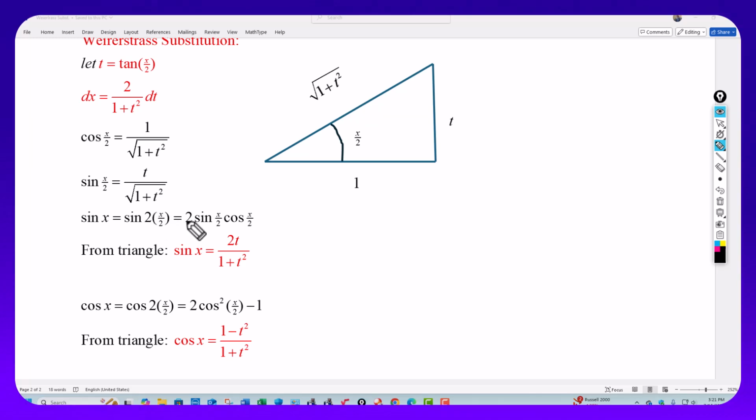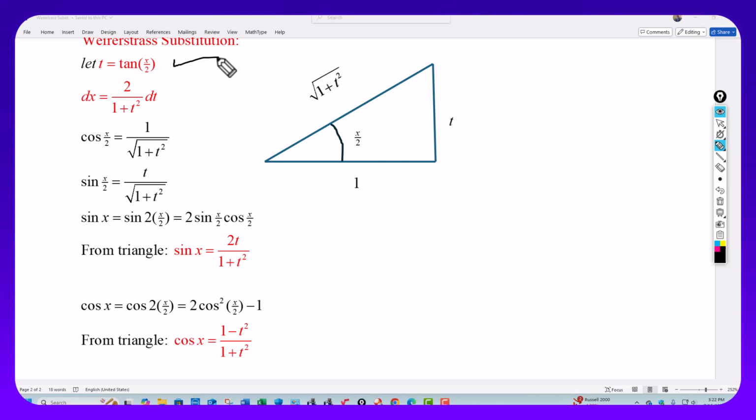So I can rewrite that as 2 sine of x over 2 cosine of x over 2. Again, I'm using the identity for sine of twice the angle, which is 2 sine times cosine of half this angle. And I'm doing this to get the representation for sine of x using this substitution.